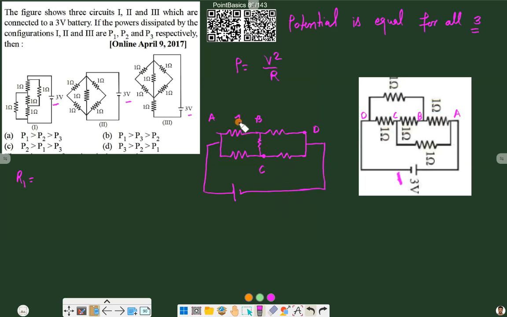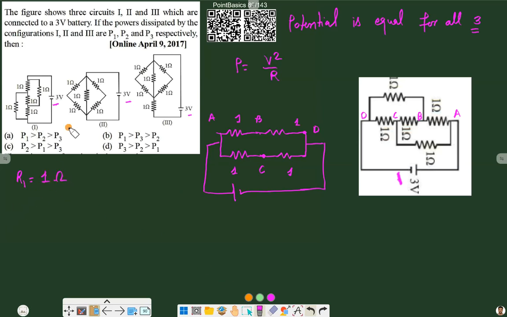And as the values of all resistances are equal, it is a balanced Wheatstone bridge. So in case of a balanced Wheatstone bridge, this middle resistance is ignored, and we have 1 plus 1 is 2 ohm and 2 ohm in parallel, and effectively they give us 1 ohm resistance.